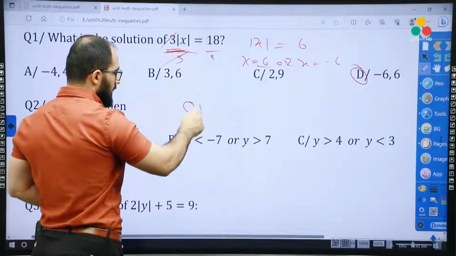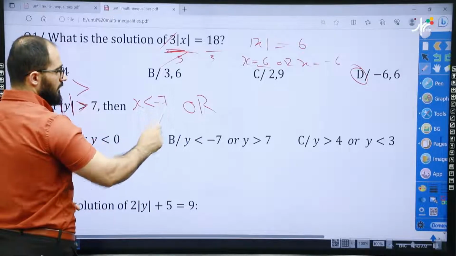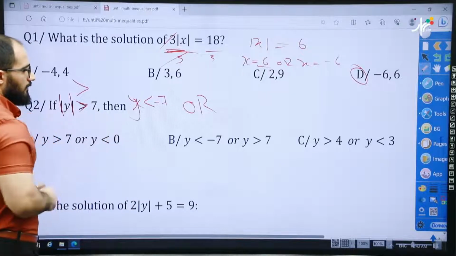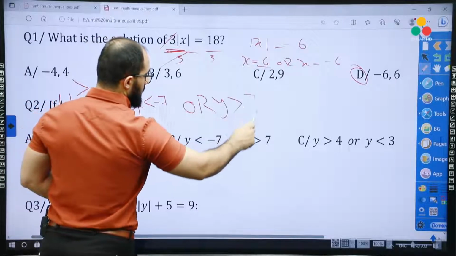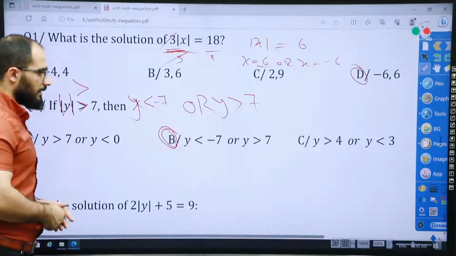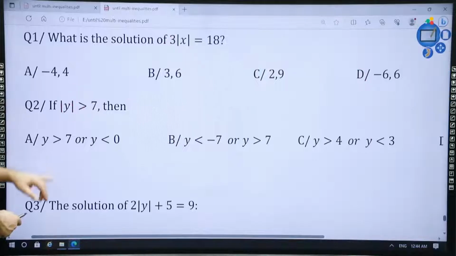So y is less than negative 7 or y is greater than 7. So the answer is B.